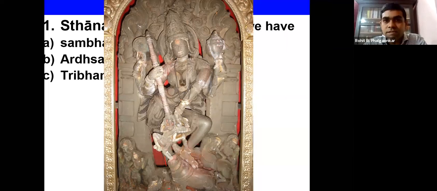So you can see the face has one deflection, the body has another deflection, and the leg has another deflection. So this Tribhanga is found normally in the sculptures of Mahishasur Mardani, which are commonly called Durga. Very beautiful sculpture of Mahishasur Mardani from Ponda Taluka, and it dates to the 12th century. I'll be speaking about more of these in the later slides of mine.